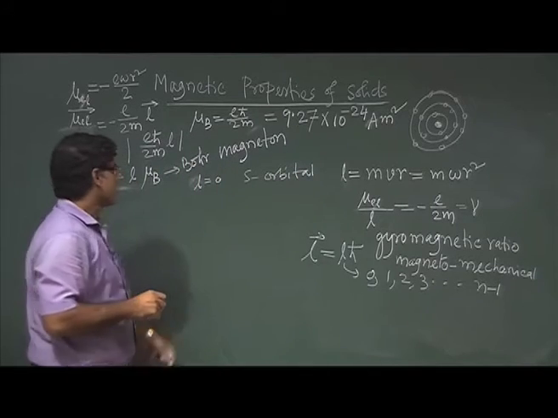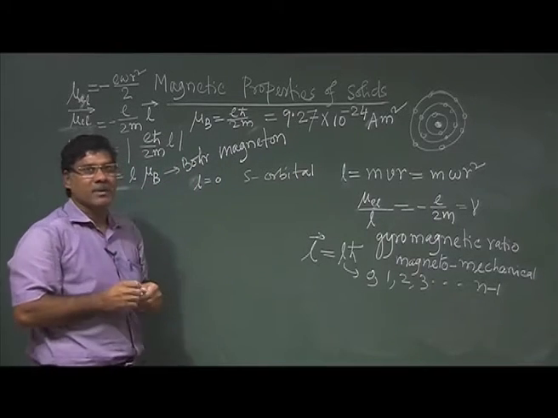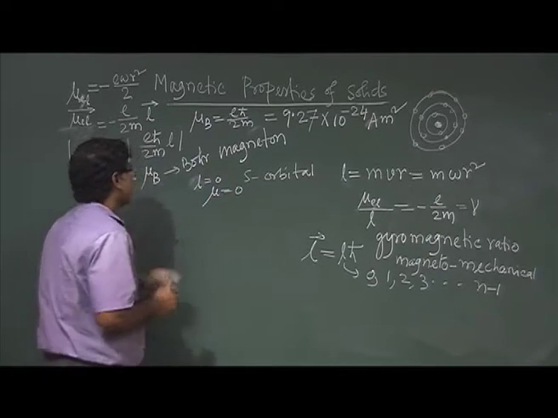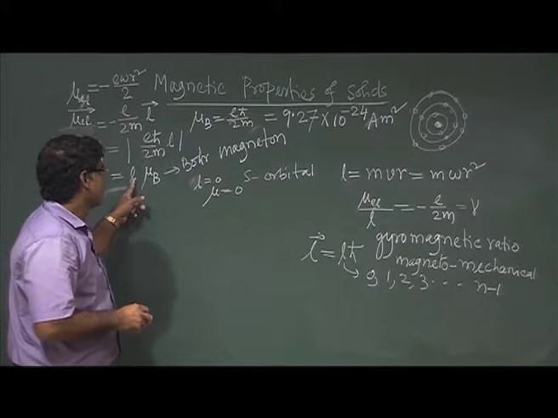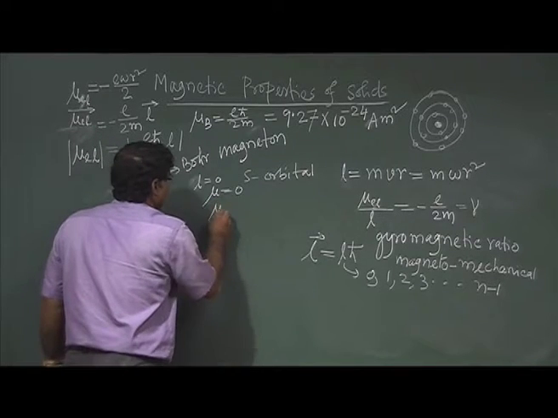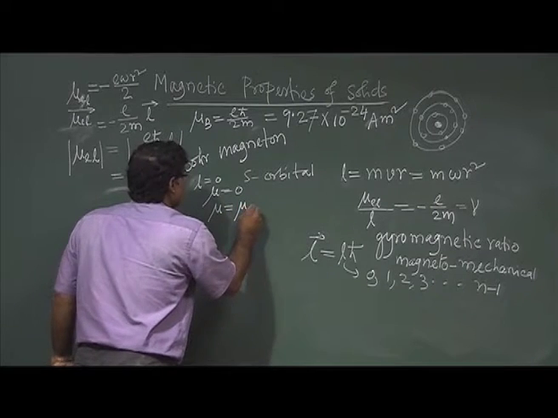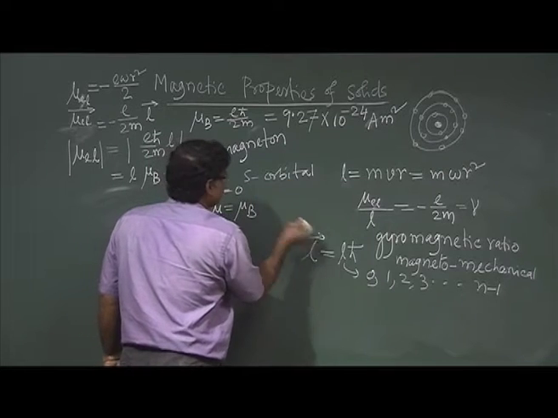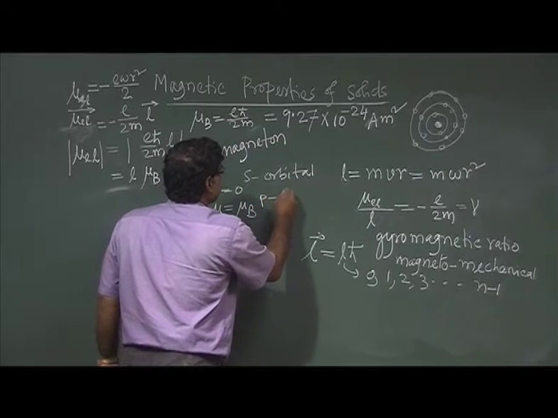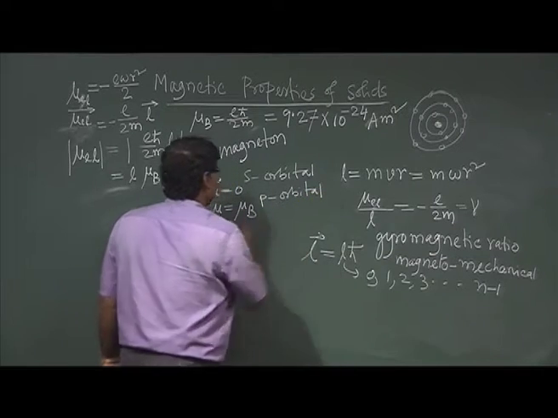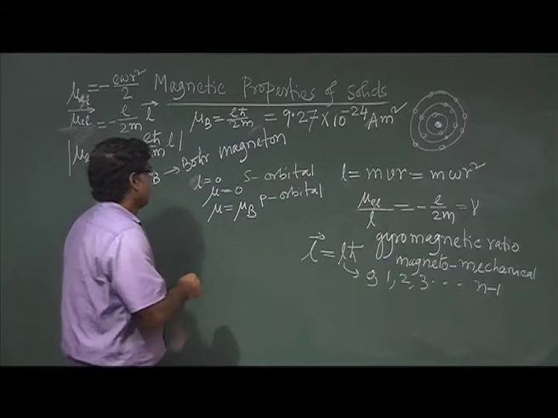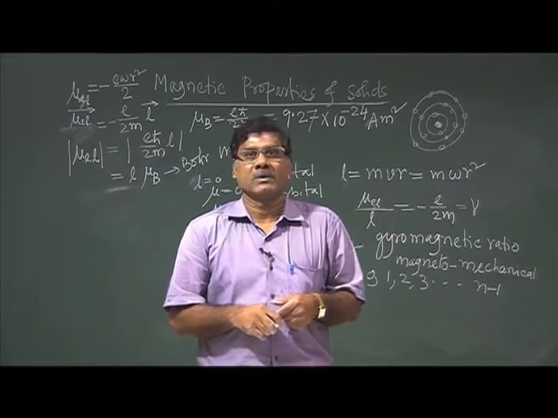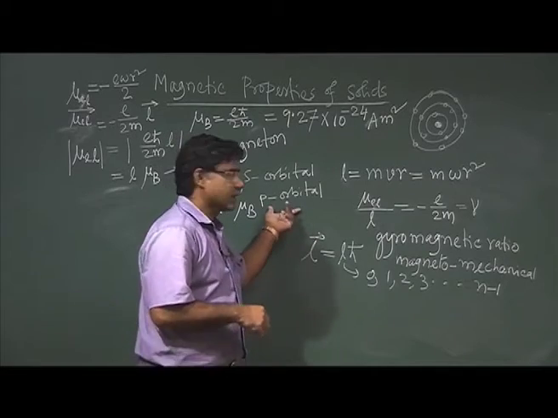Okay. So, what will be the magnetic moment? It is 0, μ will be 0, right. Okay. So, μ will be equal to μB for p orbitals, right, and then μ will be 2 μB for d electron, right.